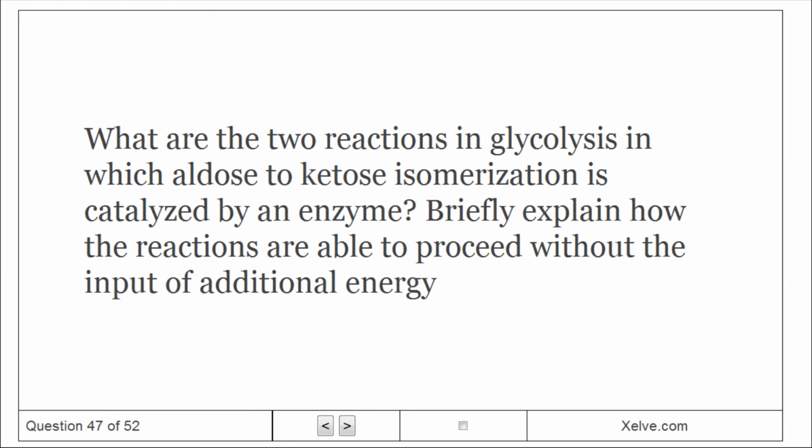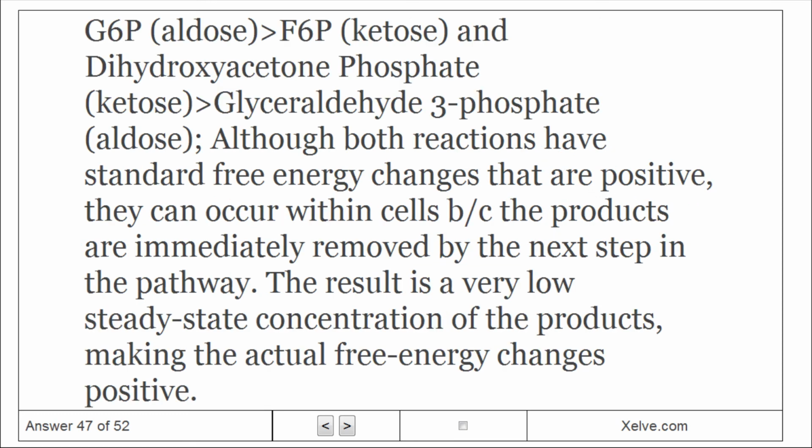What are the two reactions in glycolysis in which aldose to ketose isomerization is catalyzed by an enzyme? Briefly explain how the reactions are able to proceed without the input of additional energy. G6P aldose to F6P ketose, and dihydroxyacetone phosphate ketose to glyceraldehyde 3-phosphate aldose.